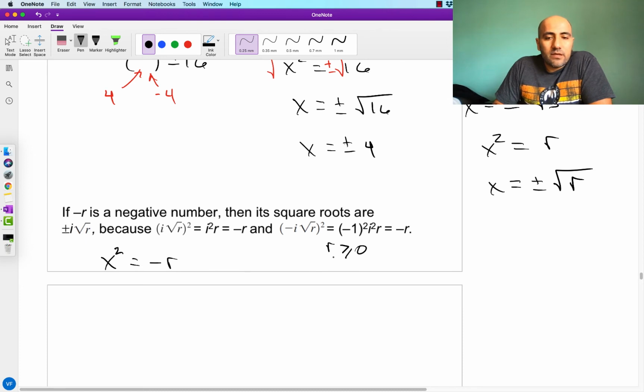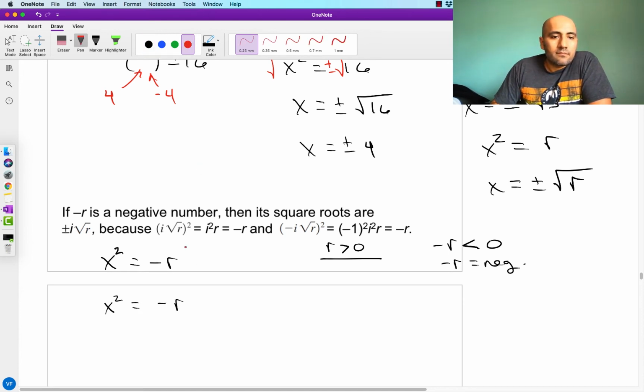Then let's make it strictly greater than 0. Then that means that negative r is going to be negative. Negative r is less than 0. Negative r is a negative number. Okay, so if we have this, then we go through our process, and we're going to take the square root of both sides. Square root of this side, square root of that side.